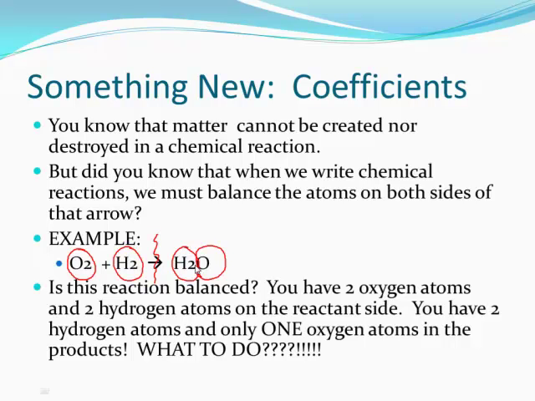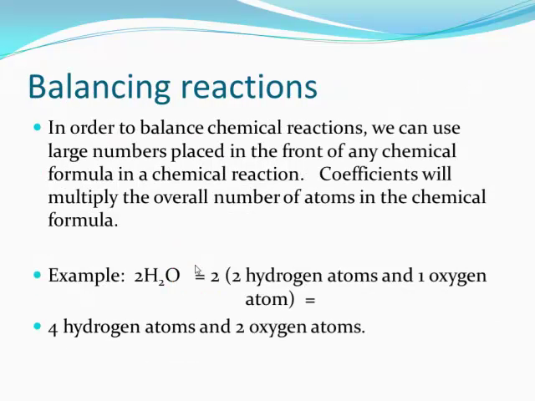So, what do we do? Well, the way we balance reactions is we use a large number placed in the front of a formula that doubles or multiplies how many compounds you have in the chemical reaction. So, for example, I know I need more oxygen on the product side of my chemical reaction.